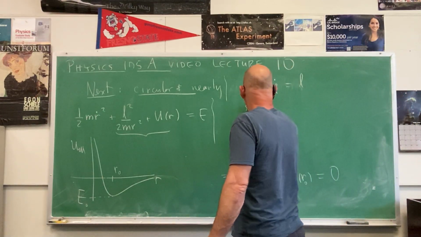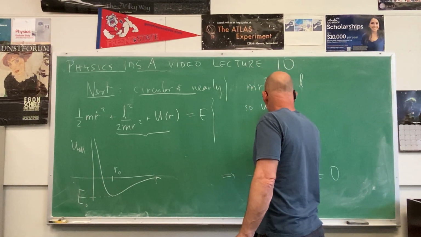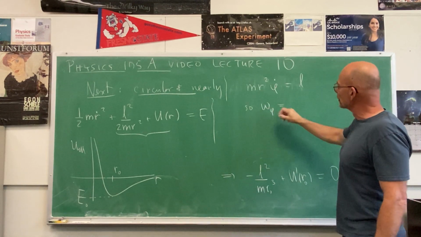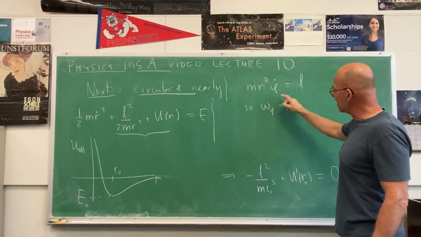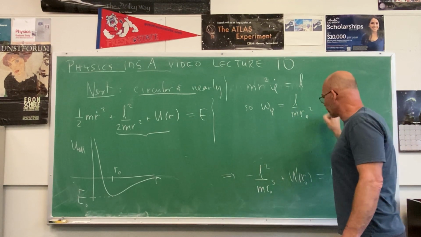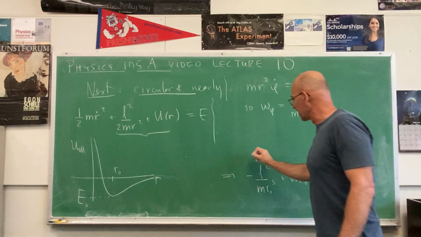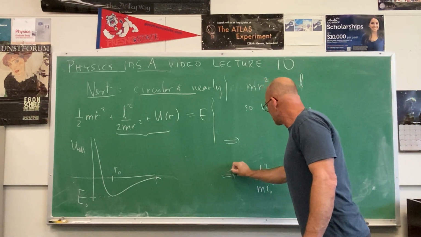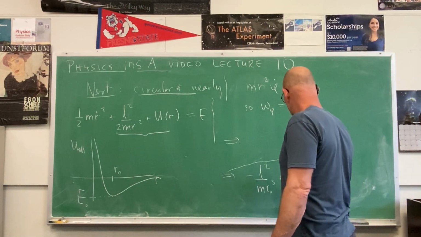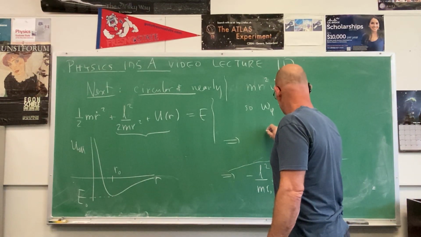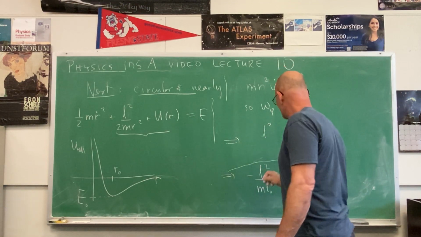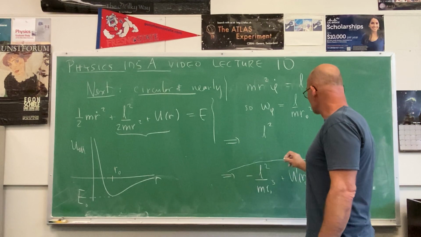So what I'm going to call omega sub phi, that's just phi dot of the circular orbit, because now it's a constant as well, so that's equal to L over m r naught squared. And using this, we're going to have L squared over m r naught cubed.